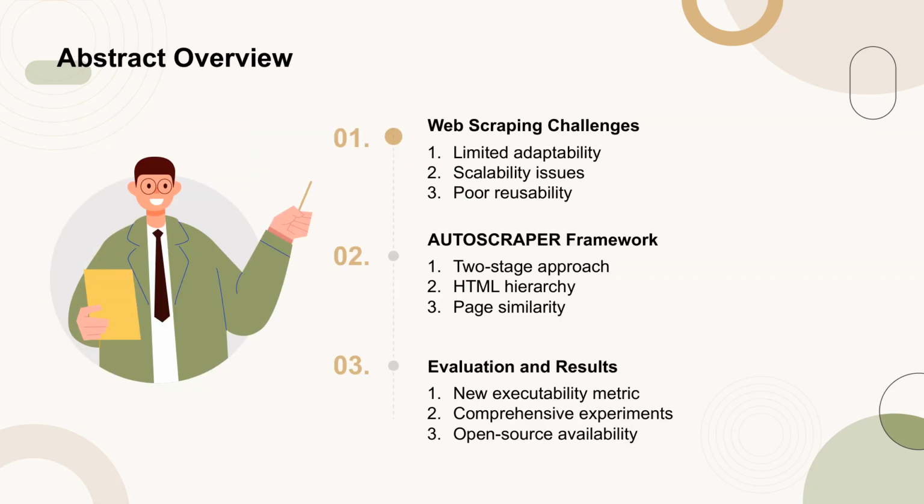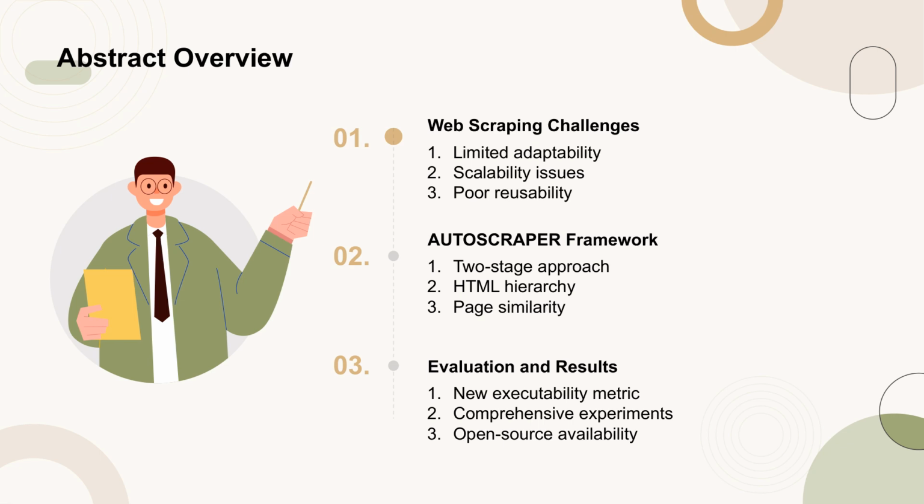The abstract highlights the challenges in web scraping, particularly the limitations of existing methods such as wrapper-based approaches and the poor reusability of language agents in diverse web environments. To address these issues, the authors introduce AutoScraper, a novel two-stage framework that leverages the hierarchical structure of HTML and the similarity across different web pages to generate efficient web scrapers.